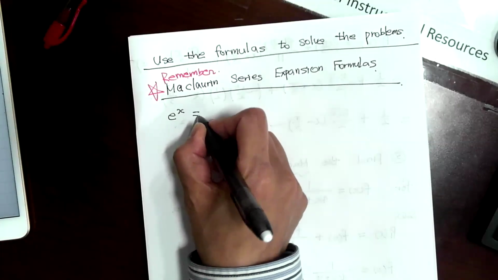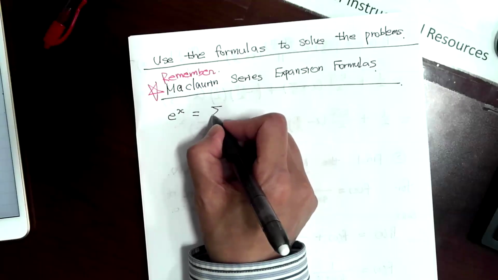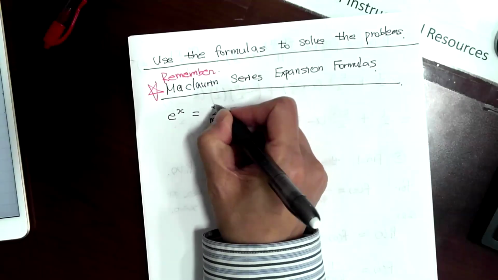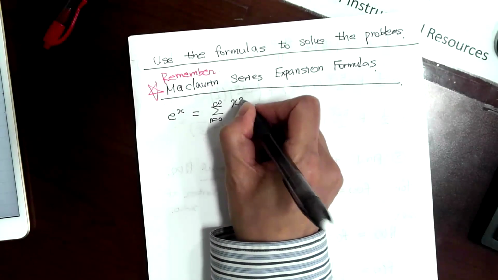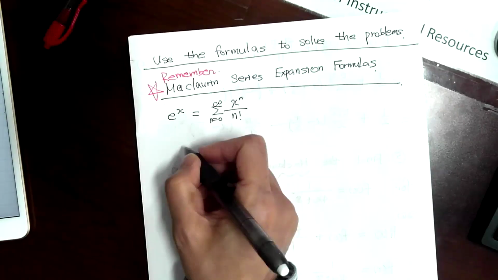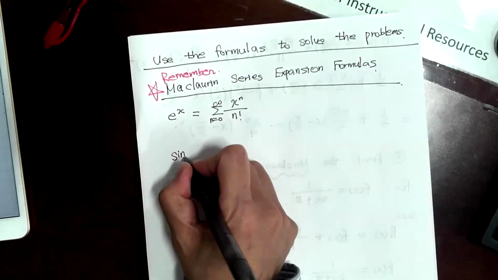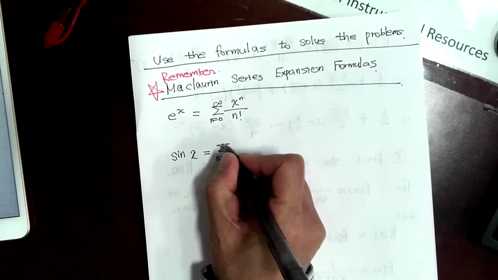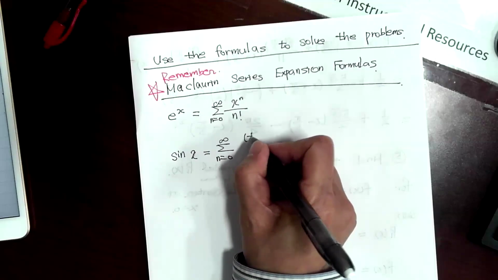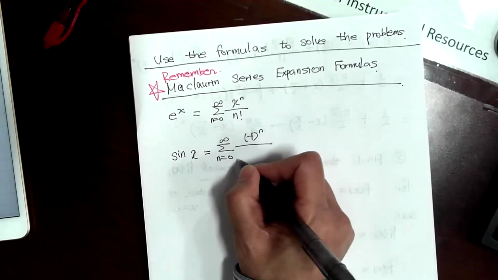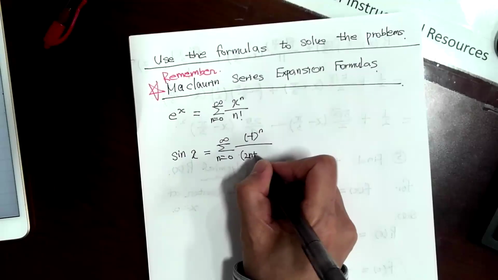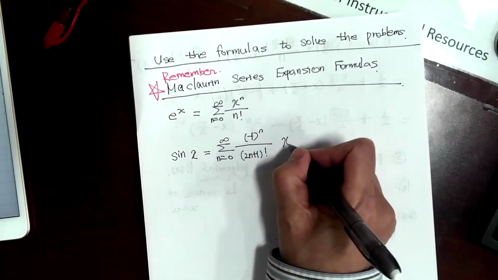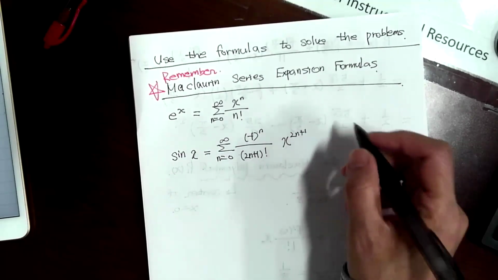As we learned last time, e to the x is the summation n equals 0 to infinity of x to the n power over n factorial. And sine of x equals the summation n equals 0 to infinity of minus 1 to the n power over 2n plus 1 factorial times x to the 2n plus 1 power.